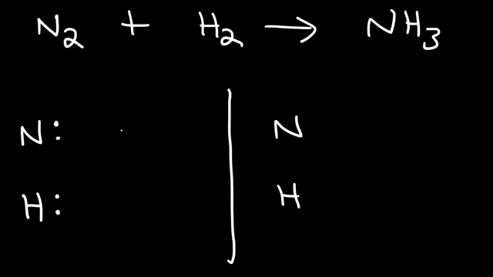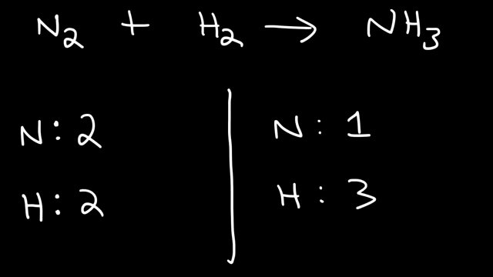On the left side, we can see that we have 2 nitrogen atoms. We also have 2 hydrogen atoms. On the right side of the equation, the product side, we only have 1 nitrogen atom, but we have 3 hydrogen atoms. So what do we need to do to make the atoms equal on both sides of the equation?